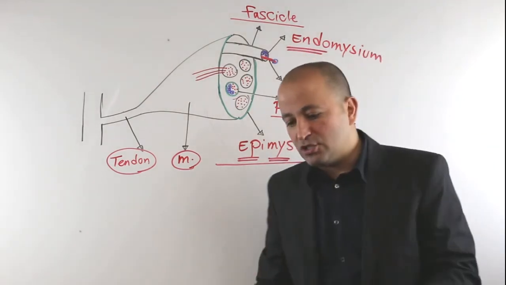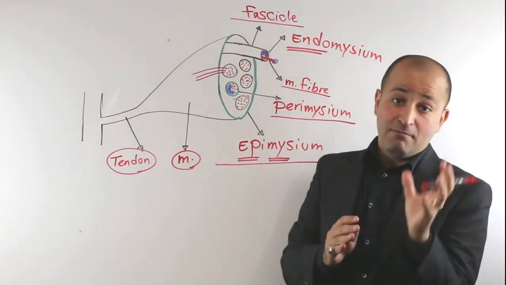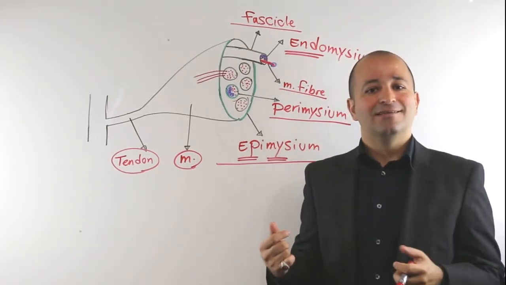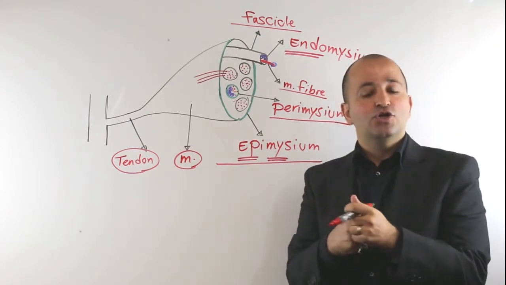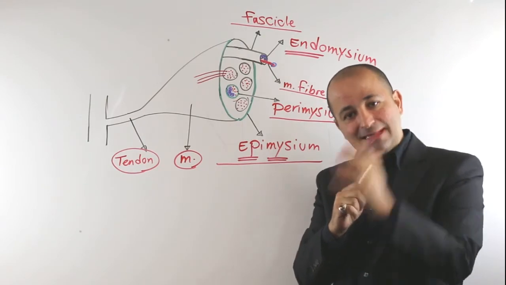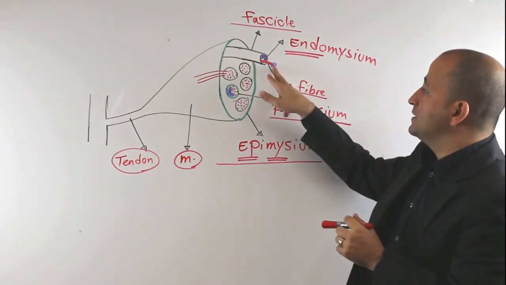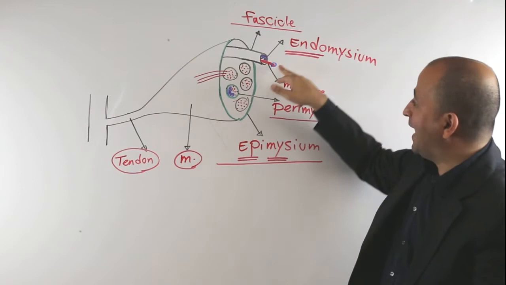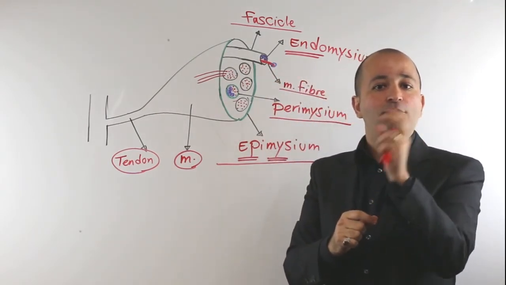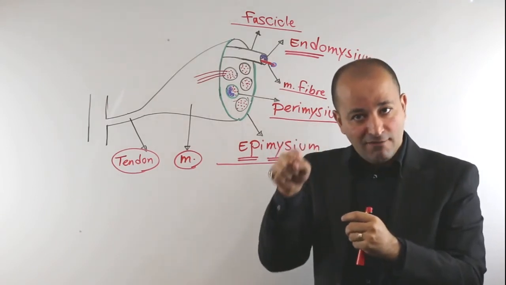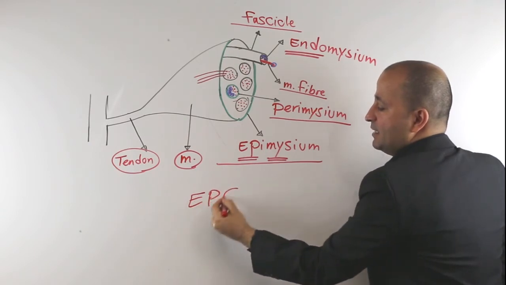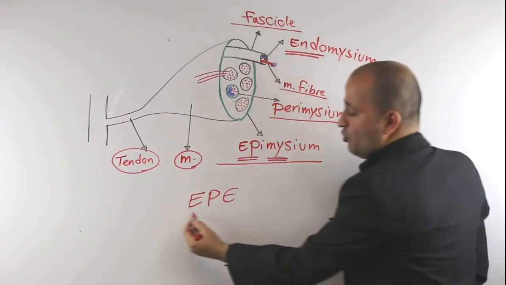The way I always tell students to memorize it, because it's difficult: epimysium, perimysium, endomysium. The endomysium is so easy because endo means inside. So memorize endomysium as the deepest layer, the most internal one, around each muscle fiber. Then the second thing to memorize is E-P-E.